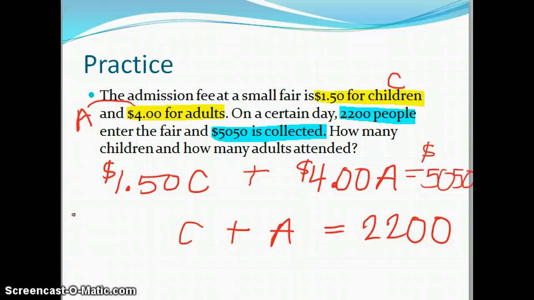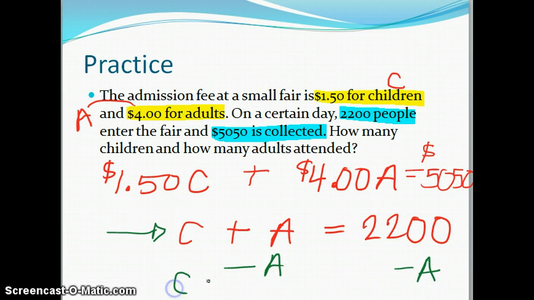We could graph them, we could substitute them, or we can use elimination where we add or subtract them. This time around, I'm going to use the substitution method. So I'm going to solve this bottom equation so we get one variable by itself, and I'm going to have the children be by itself. So I'm going to subtract the adults.